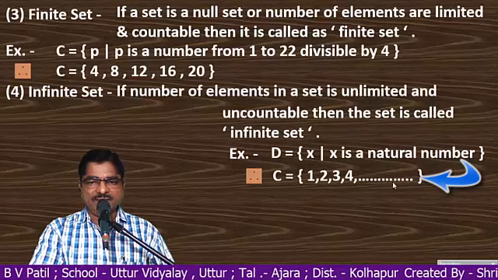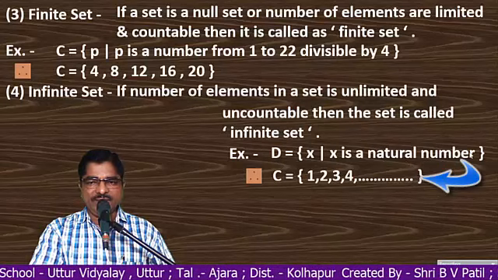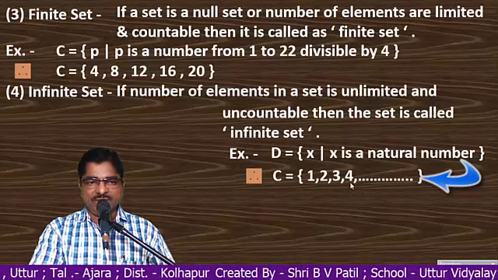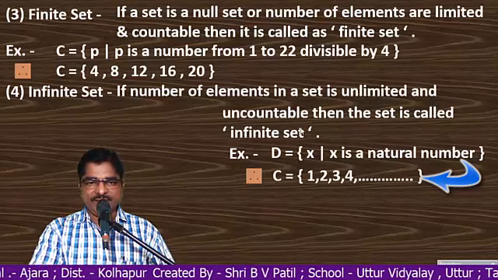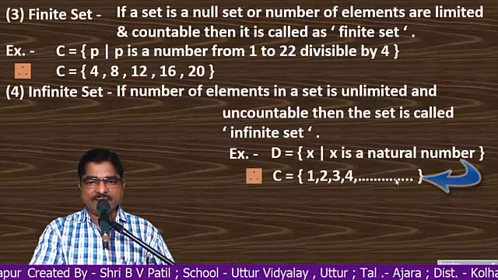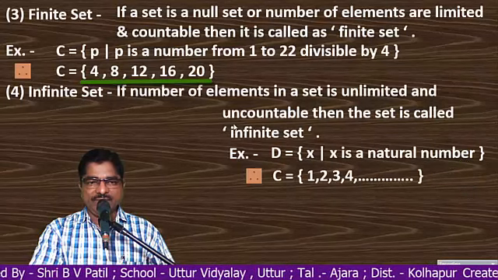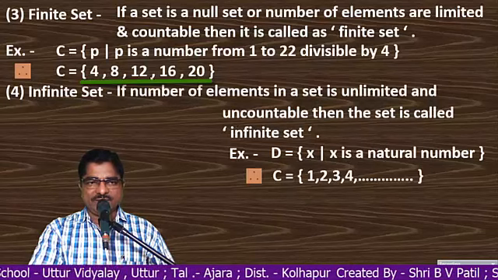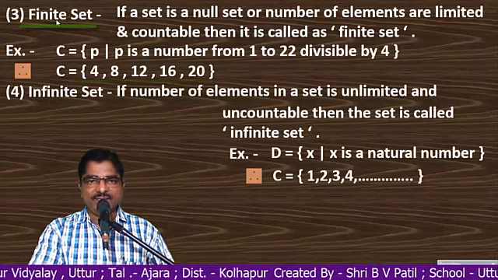Natural numbers are unlimited. There is no limit here in the given condition. And this is called an infinite set. Means we cannot count that set. Means infinite. Here these are the countable numbers. Therefore that is a finite set.